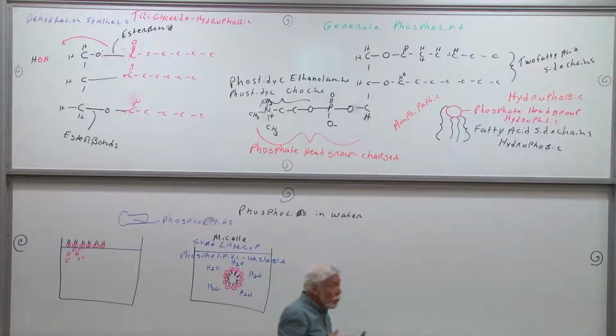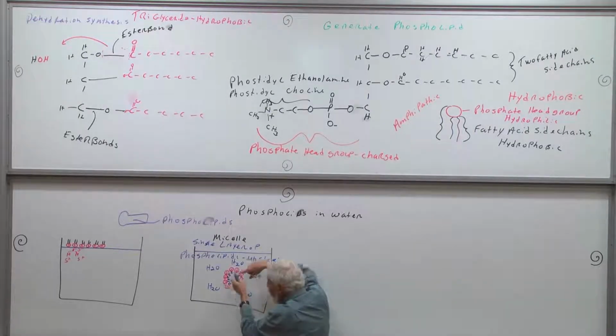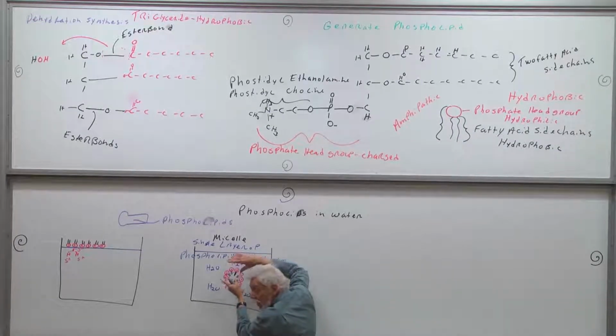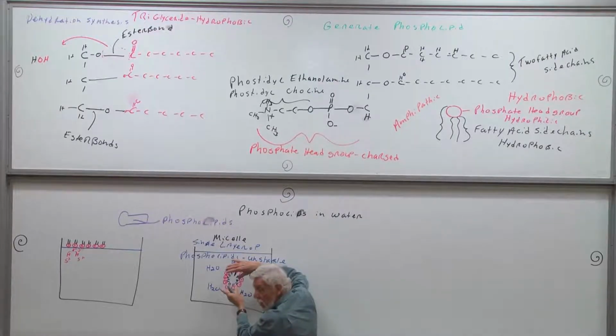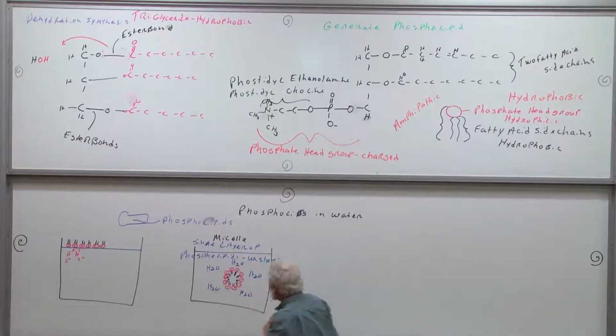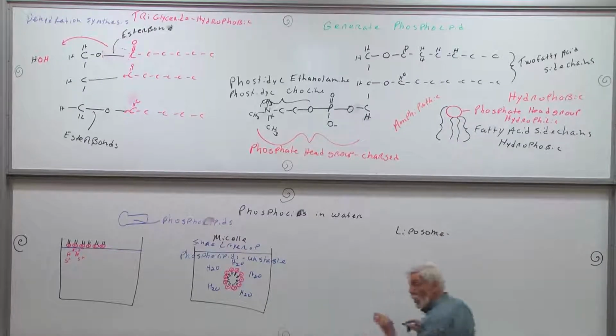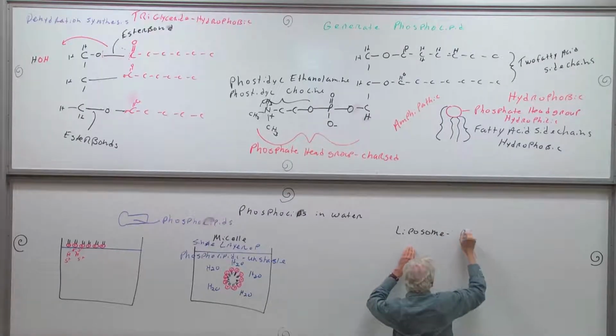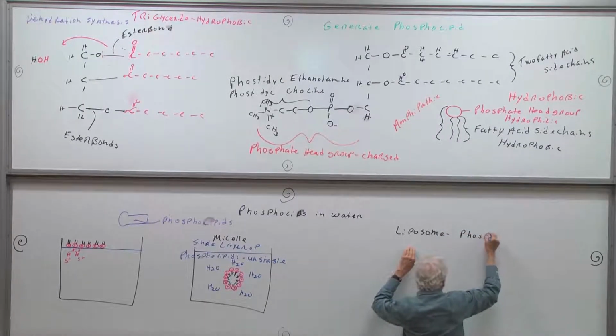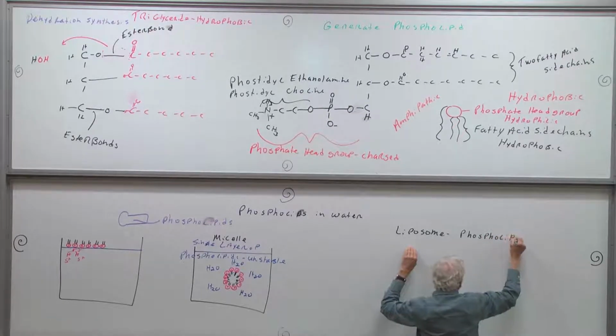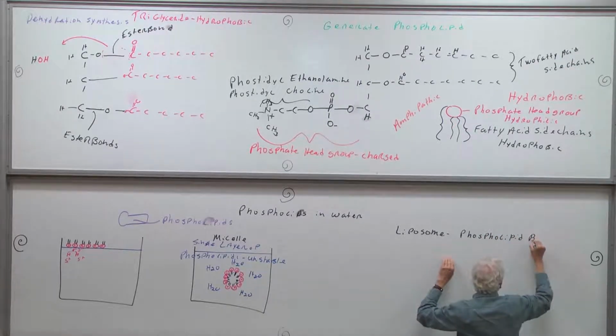But by employing the characteristics of the fatty acid side chains and their ability to interact in a hydrophobic environment, we can convert this micelle into something that's far, far more stable. The far more stable structure is said to be a liposome. What characterizes the liposome is that it's a phospholipid bilayer.